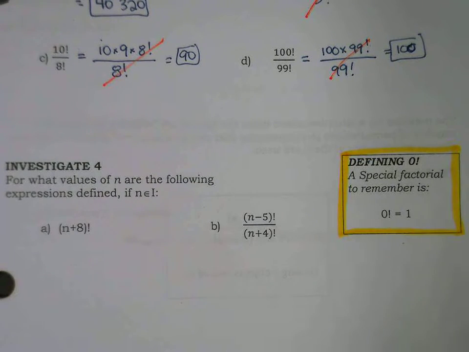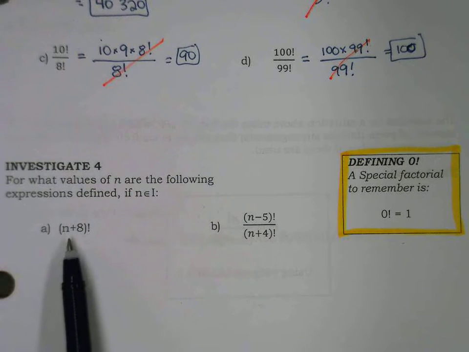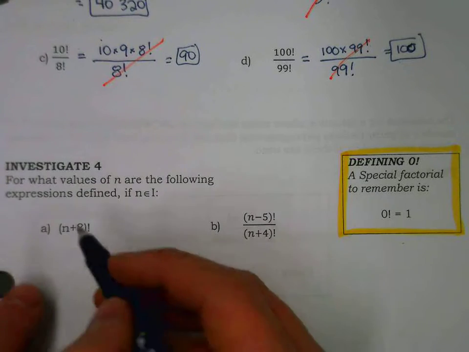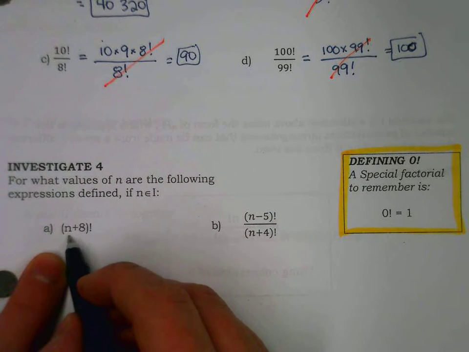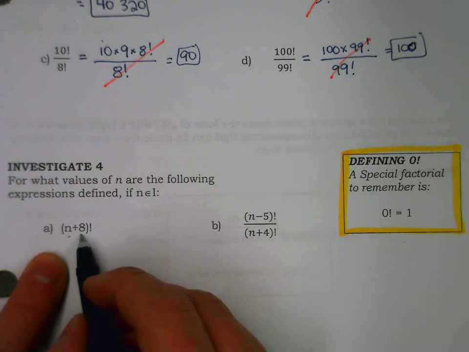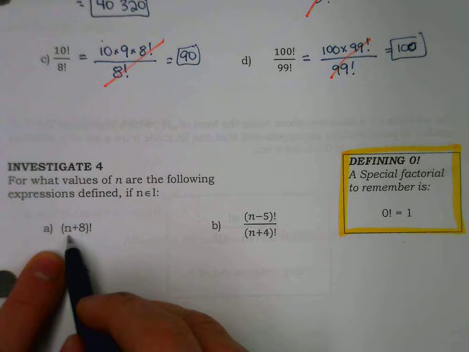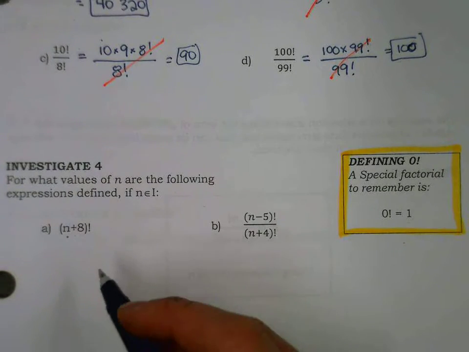So 0 factorial is 1, which means we've got a potential cutoff of n plus 8 factorial. If we were to plug a negative 8 into this, we would have negative 8 plus 8, which makes a 0 factorial, which would be okay. Try a number like negative 9, and this would not work. Negative 9 plus 8 makes a negative 1 factorial, which doesn't really work.